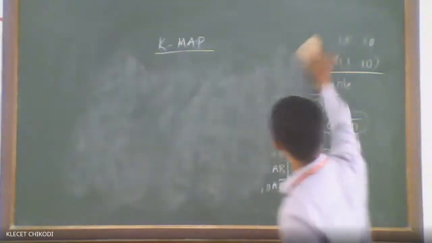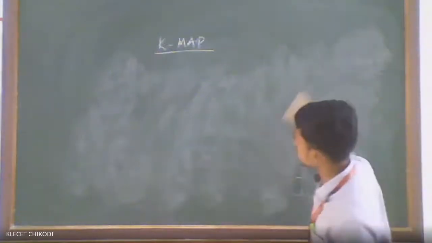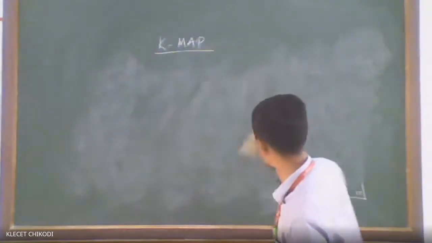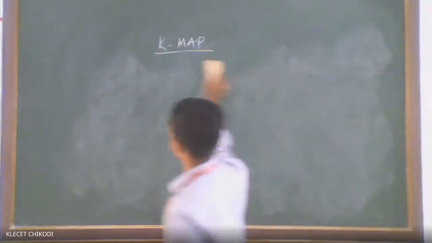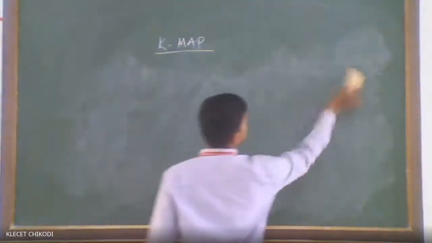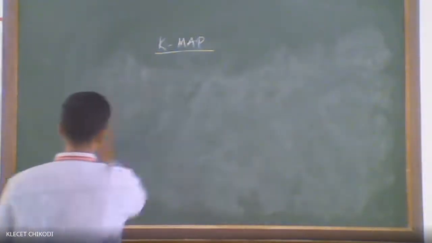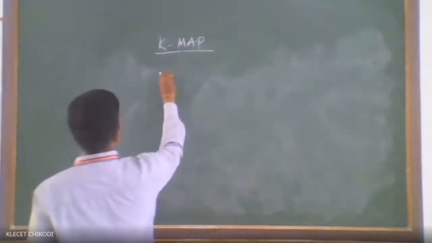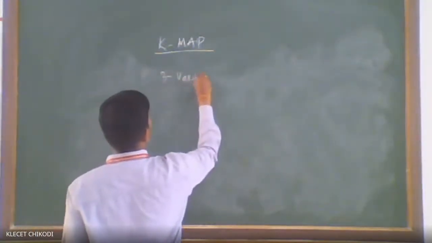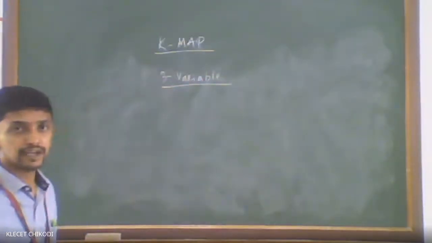Now, yesterday I told that the cells are physically adjacent as well as logically adjacent. And when we say that the cells are logically adjacent, consider I will write a K-map for 3 variable now.